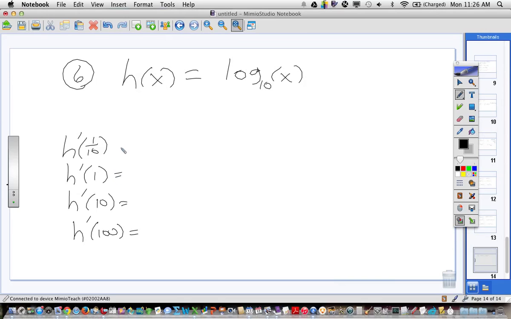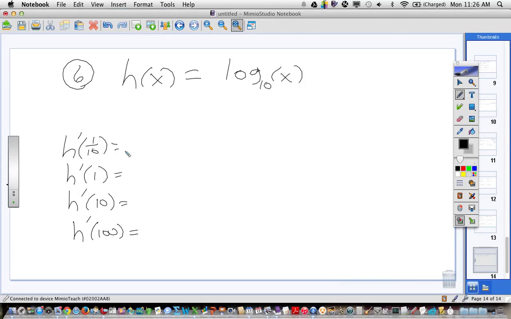Well, how are we going to find them? This is something you're going to hear me say a lot this year. As we get ready for our quiz on Wednesday, we've already talked about how to find H prime of 10 the long way, the definition, blah, blah, blah. But that's not what we're using. We're talking about the shortcuts. That's what these derivative rules are, the shortcuts.